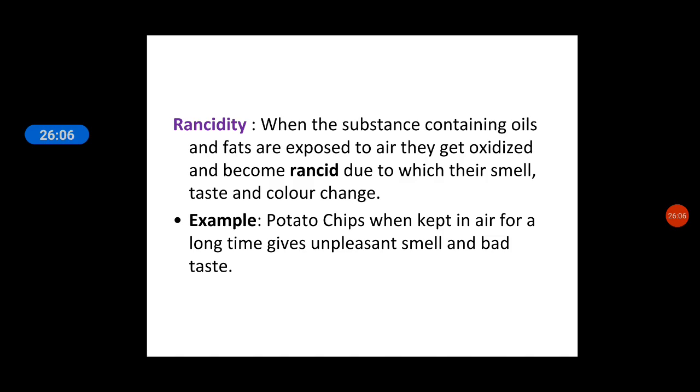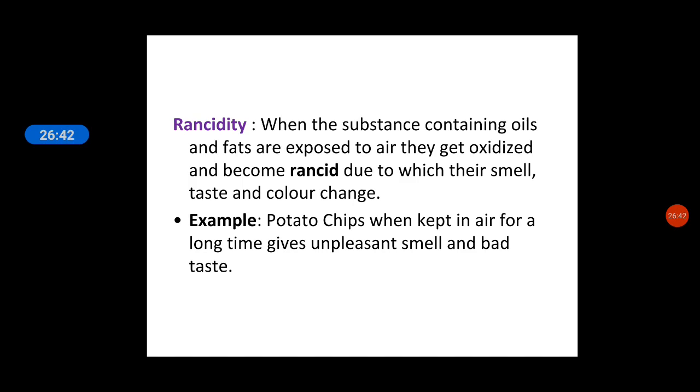You know, when you see the vendors of vada pav and all, what are you finding? They are using the oil continuously. On the first day they use that oil and the oil remains in their kadai. Then they use the same oil on another day, then the same oil on the third day. But you find the thickness, the concentration of the oil has changed; the oil has become rancid.